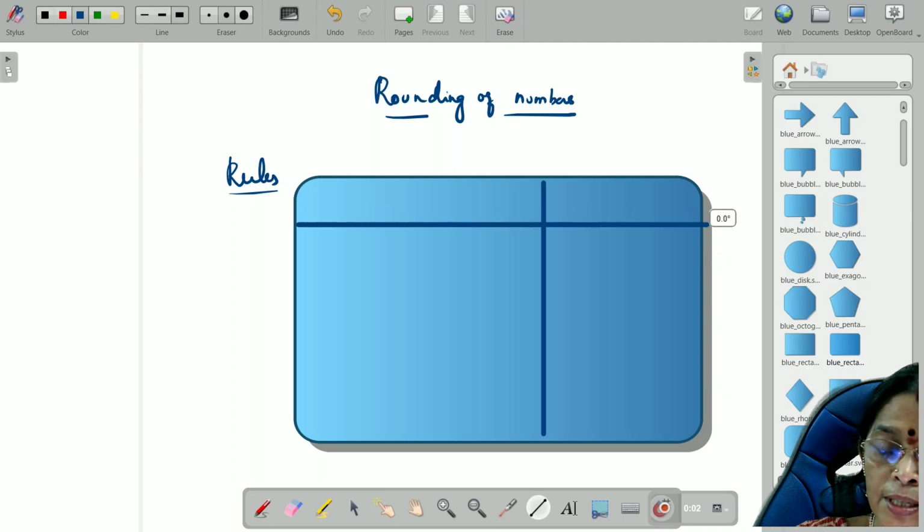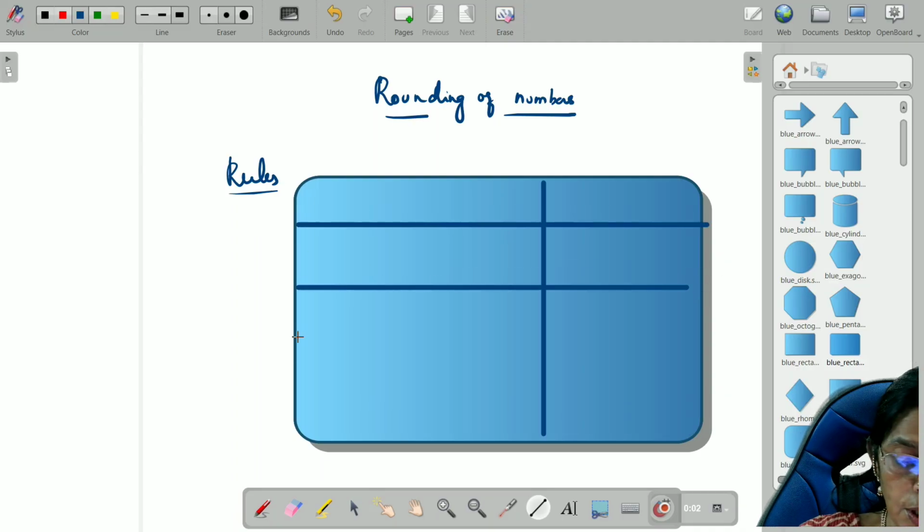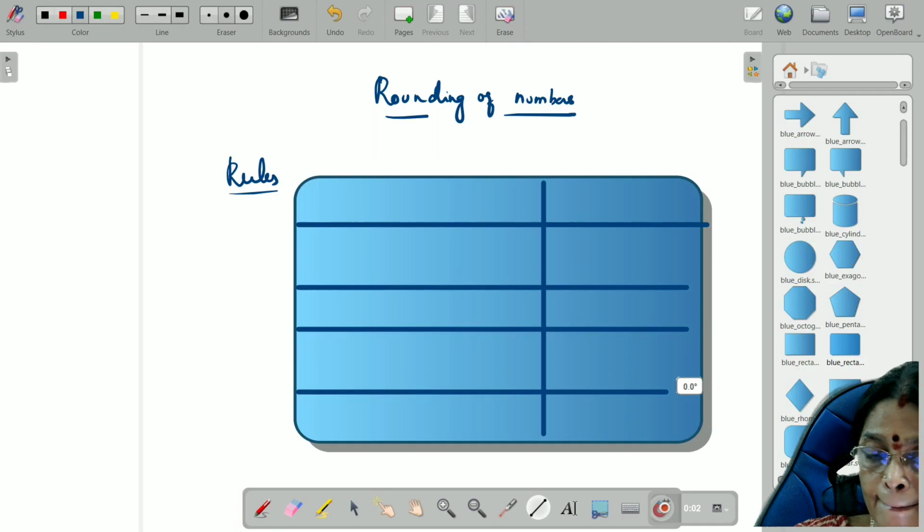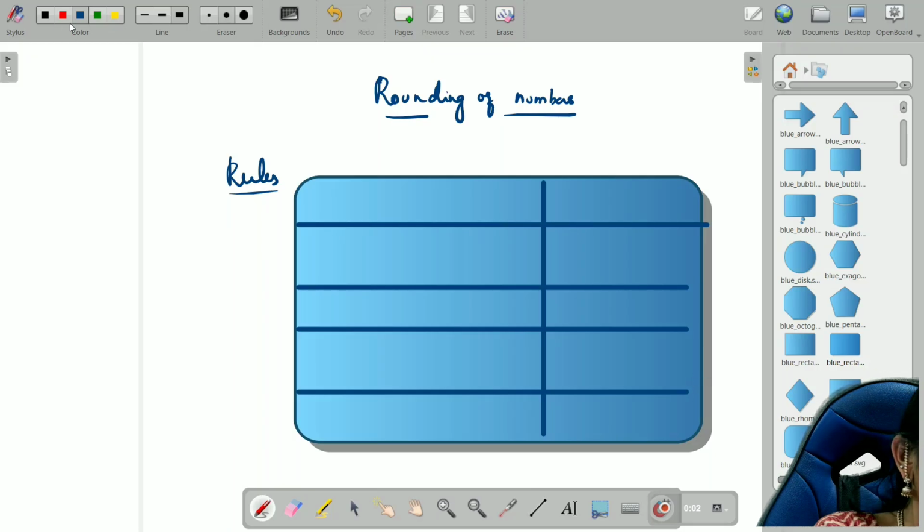You can write down the same thing. So this is about the preceding digit rules.